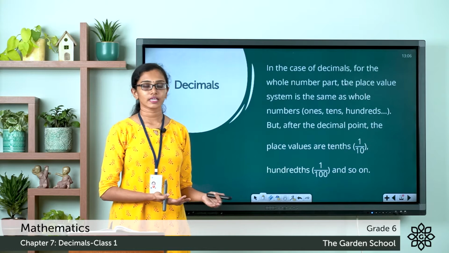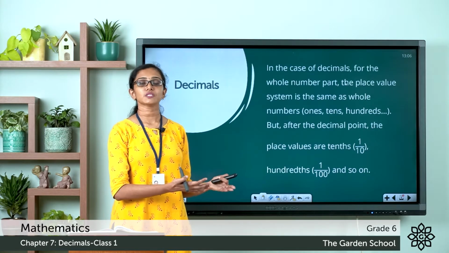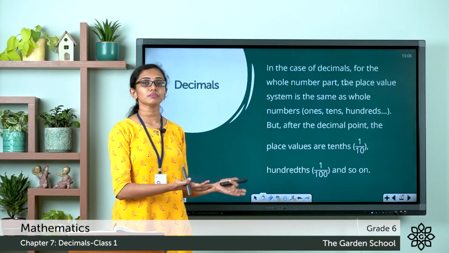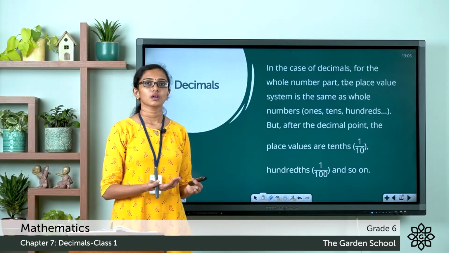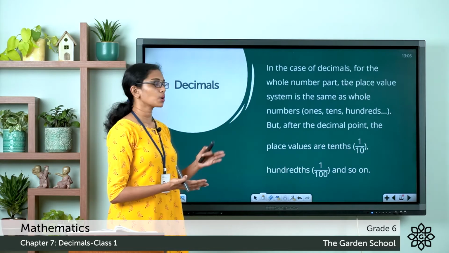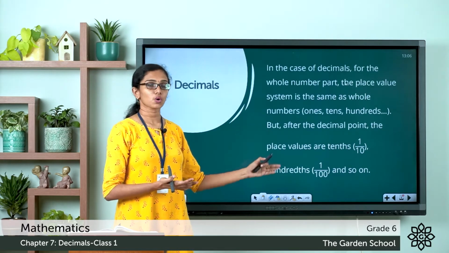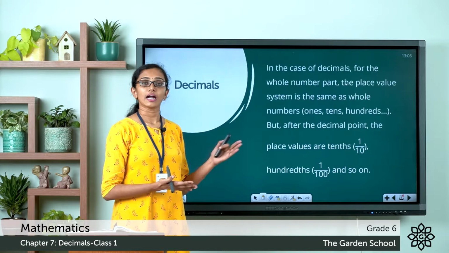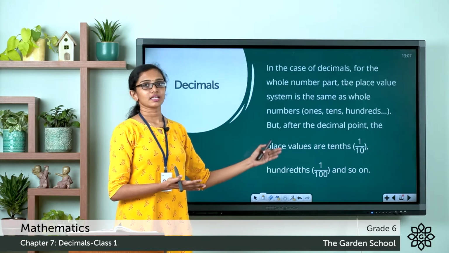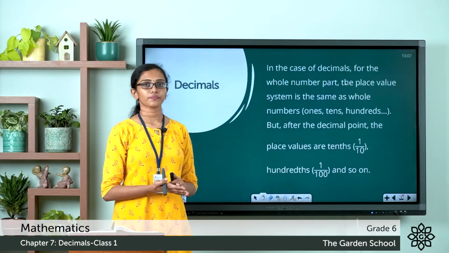In the case of a decimal number, the place value system for the whole number part is the same as in the case of whole numbers. But beyond the decimal point, the place values will be 1/10, 1/100, 1/1000, and so on.